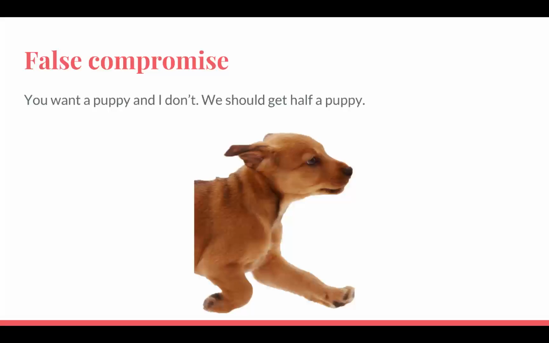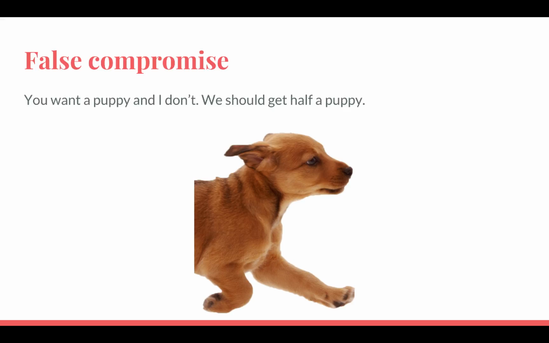There are some things that you can't compromise on, and just taking something down the middle is not a true compromise. Another example of this is if you're applying for a job, and let's say you want to make $50,000 a year. You put on your application, I'm going to put down 100,000, and then I can compromise down to 50 because that's what I really wanted.